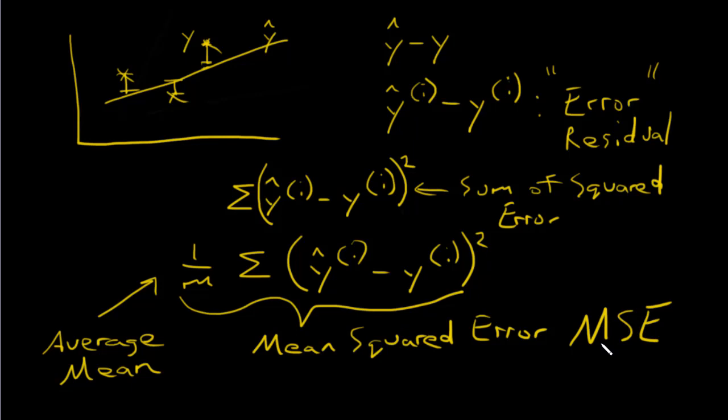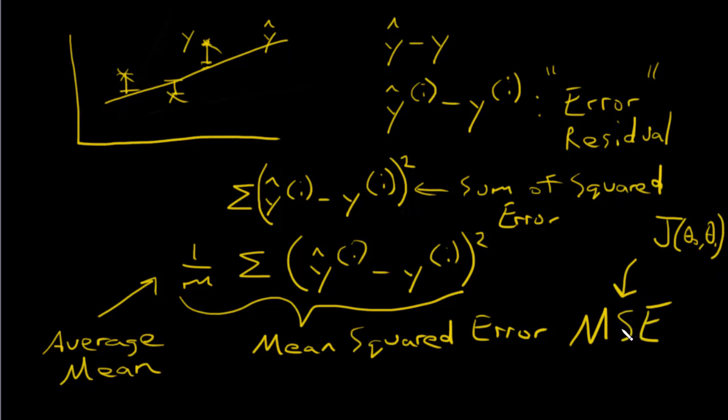And since the mean squared error tells us how well our model is doing the prediction, we can think back. We've already said that that has a very special name, and that is, drum roll, that is our cost function, our J sub theta 0, theta 1.